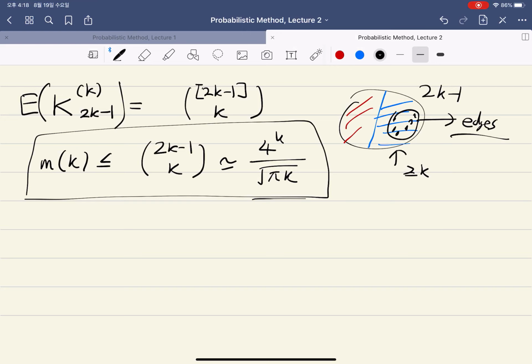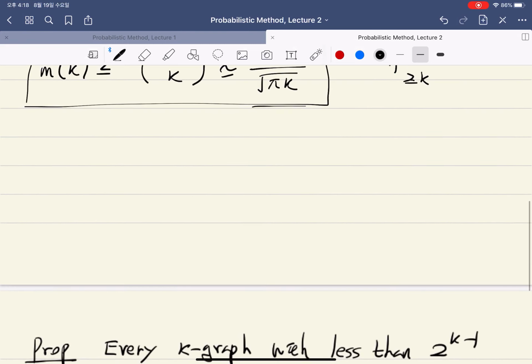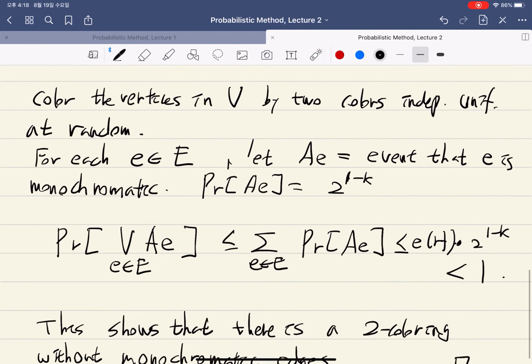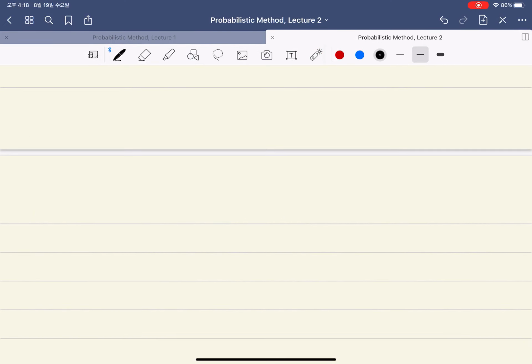So for the Ramsey number case, there was again a large gap between the upper and lower bound, and the gap actually still remains. But for this m(k), the two-colorability case, we can also prove the upper bound using probability.